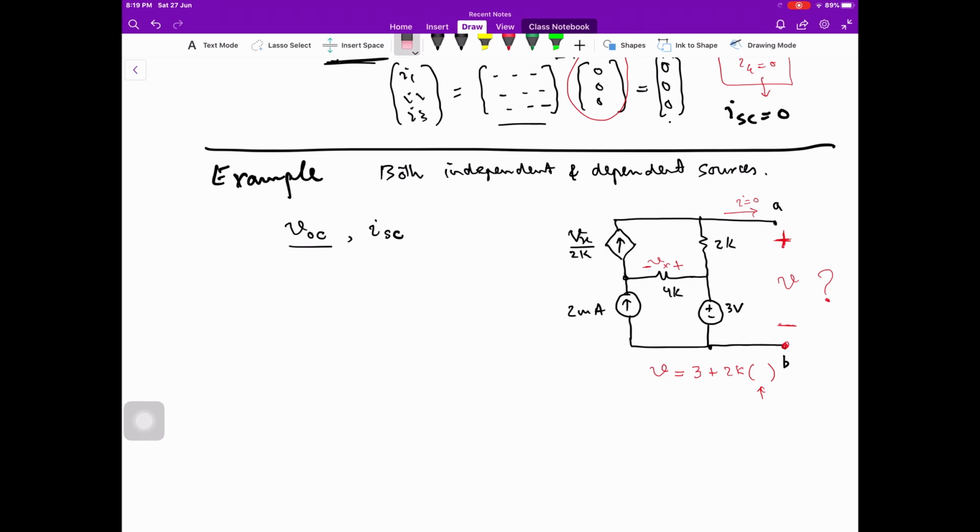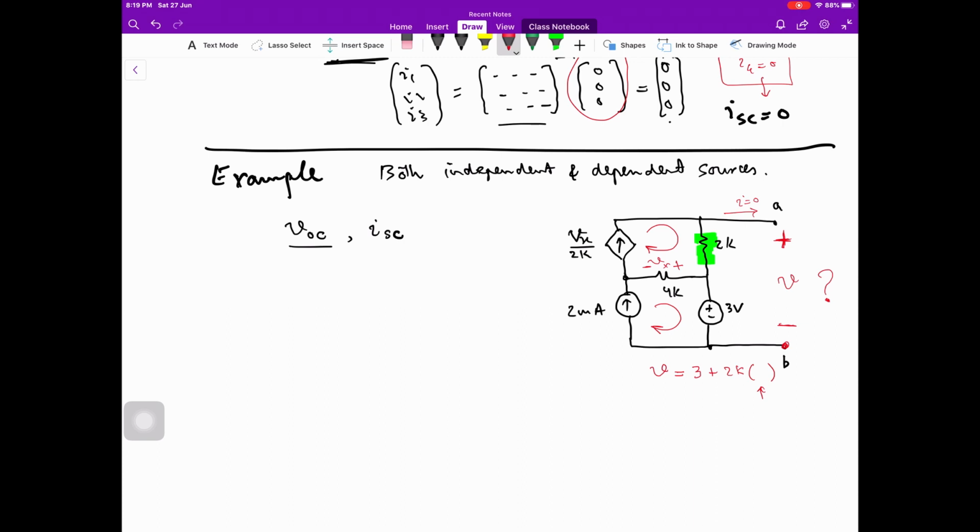So how can we find the current which is flowing through this 2K? We can use node analysis, we can use mesh analysis. A mesh analysis is better over here, and there are only two meshes.